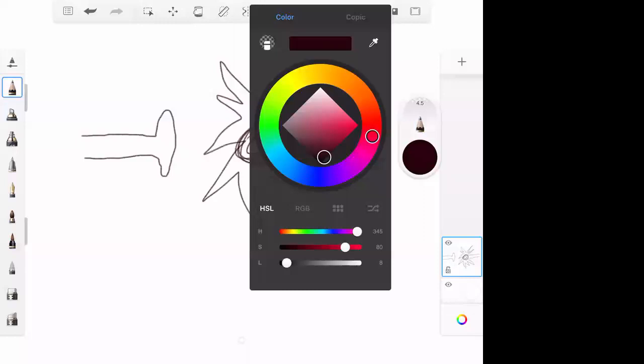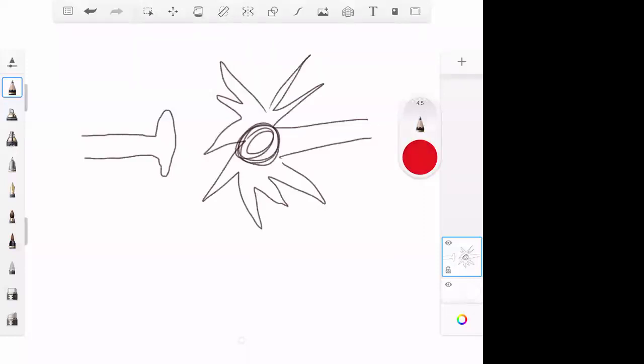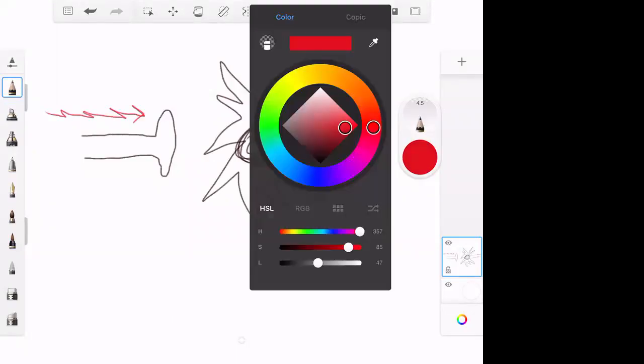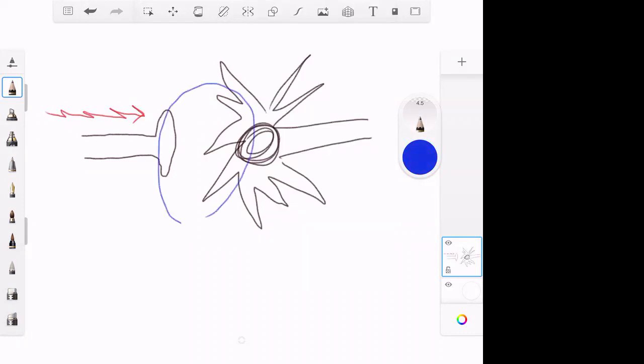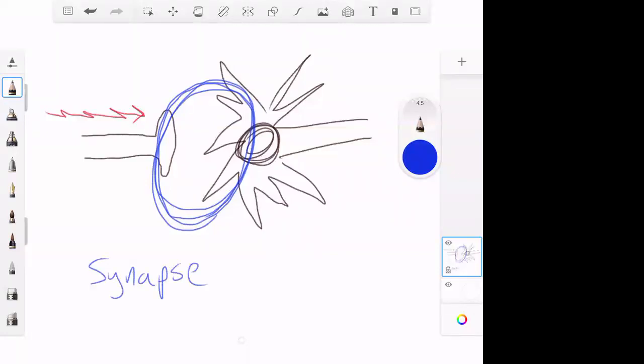Remember, the action potential is traveling this way. So I'll do blue. So all of this is the synapse. The end of one neuron, the beginning of the next neuron, and the space in between, all collectively we call the synapse.